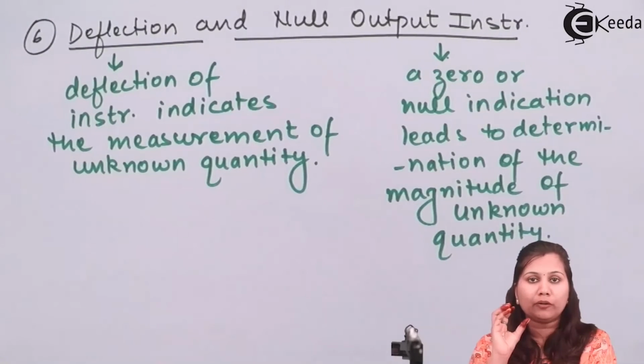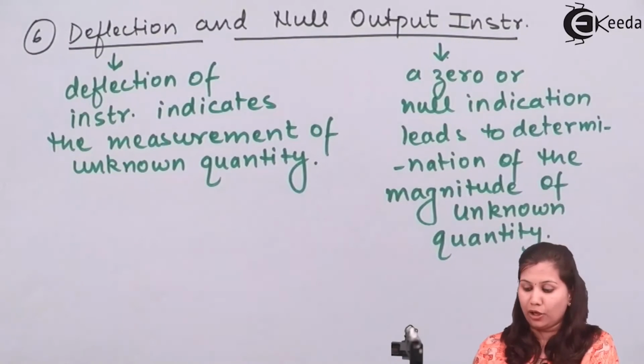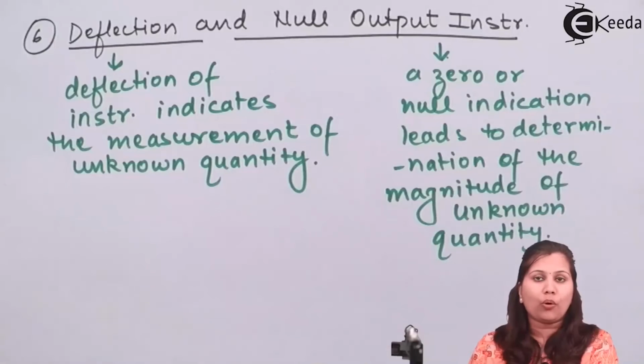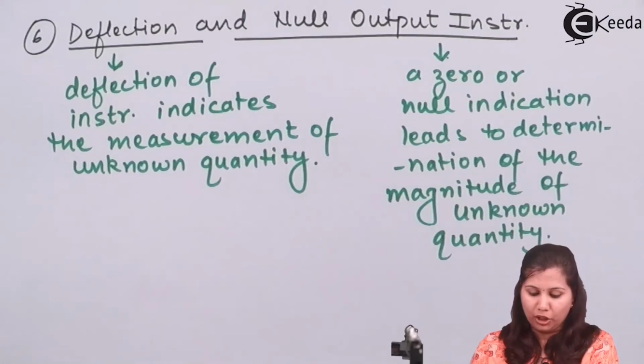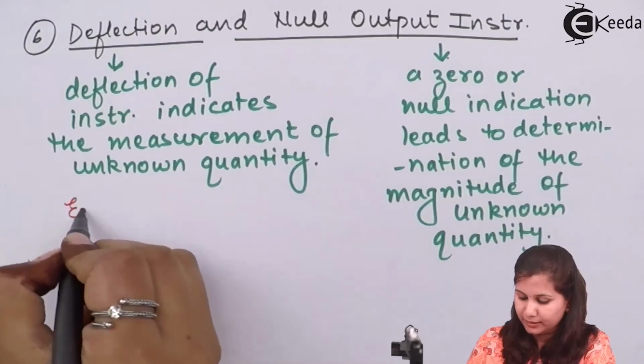Due to the movement of the coil, the pointer which is connected to the coil is deflected over the calibrated scale. So the value of the unknown quantity is measured due to the mechanical movement, and that mechanical movement of the pointer is caused by the movement of the coil.